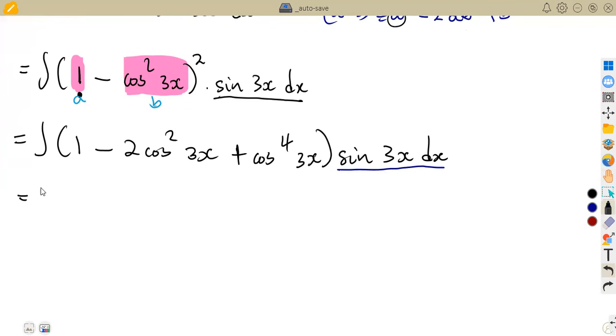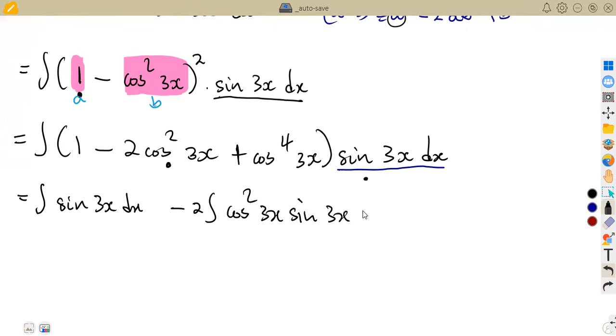So we are going to have the integral of 1 times sine 3x with respect to x, minus 2, which you can even write outside of the integral, times cos squared 3x sine 3x.